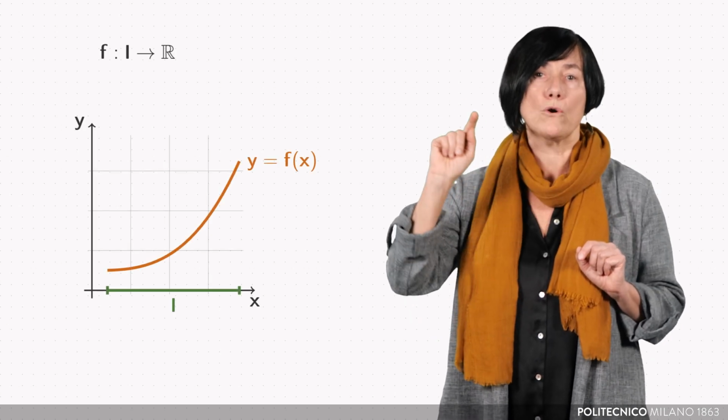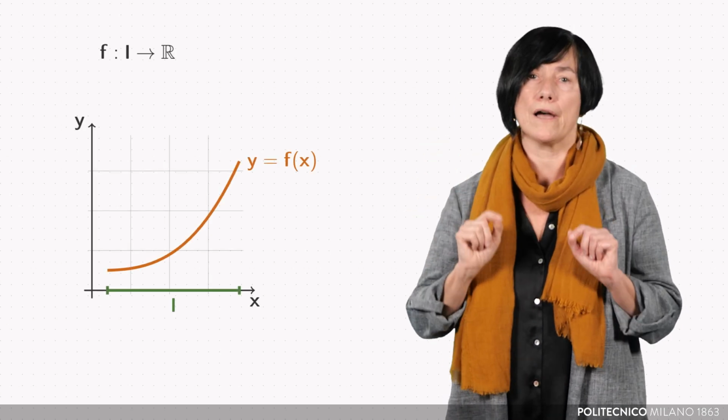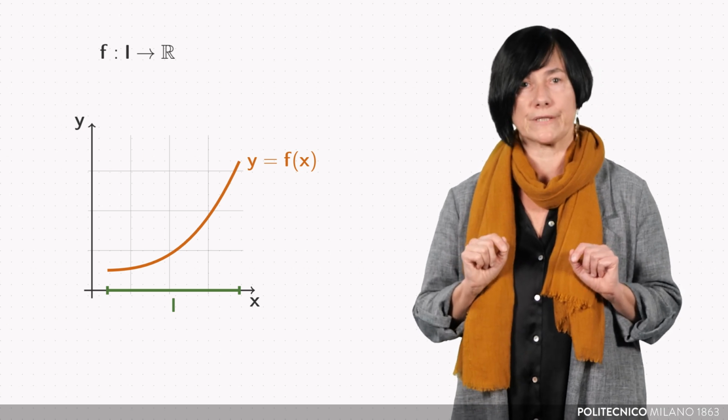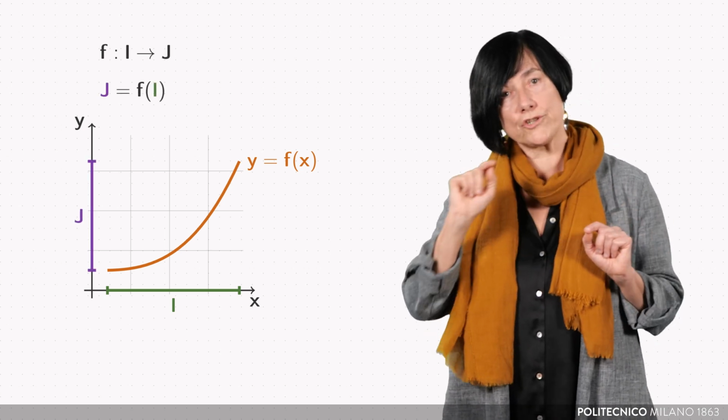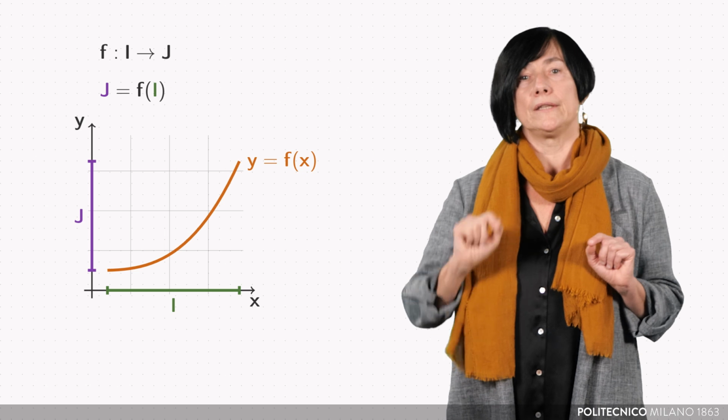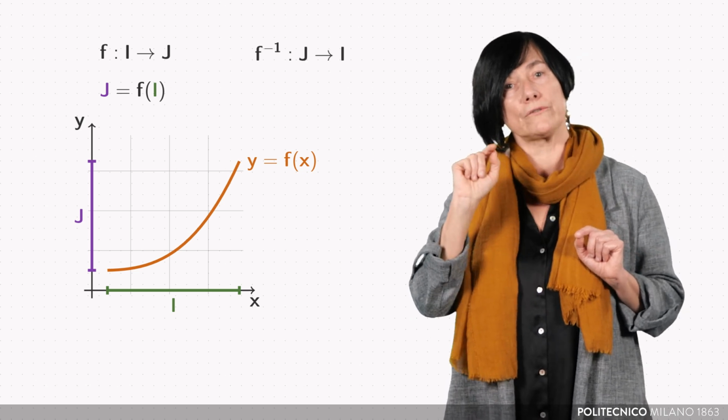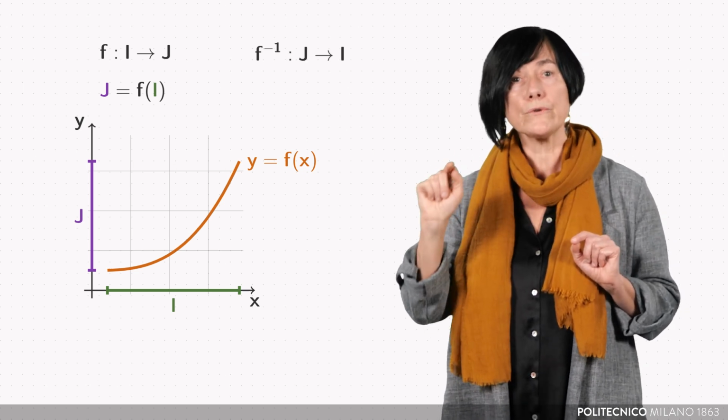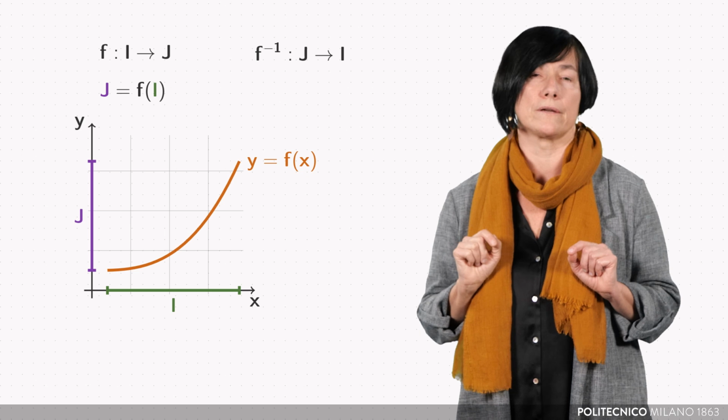Let's start by recalling two important facts about the inverse function. The first is that every strictly monotone function on an interval I admits a natural inverse. If we denote by J the range of f, the inverse of f is a function defined on J with values in I in the following way.